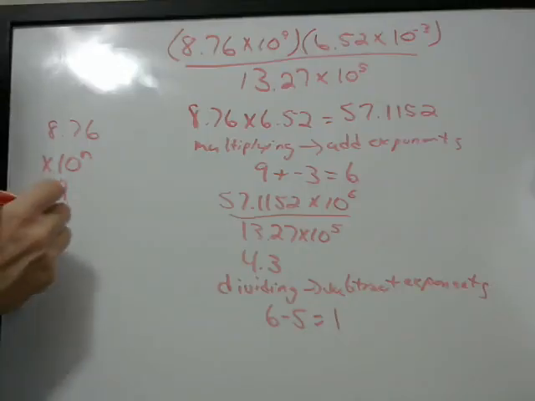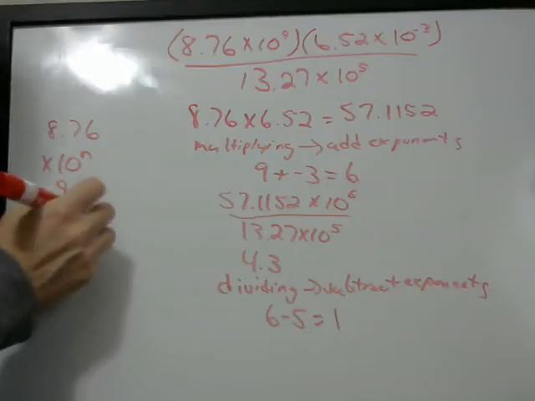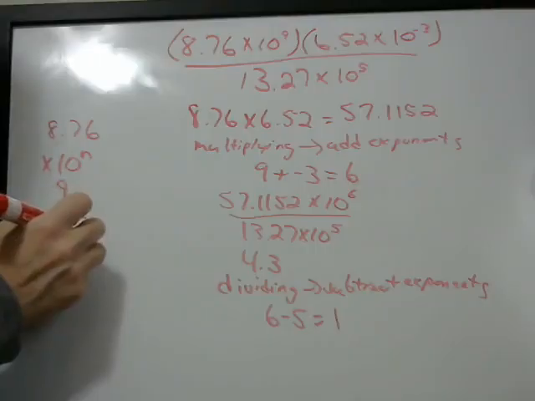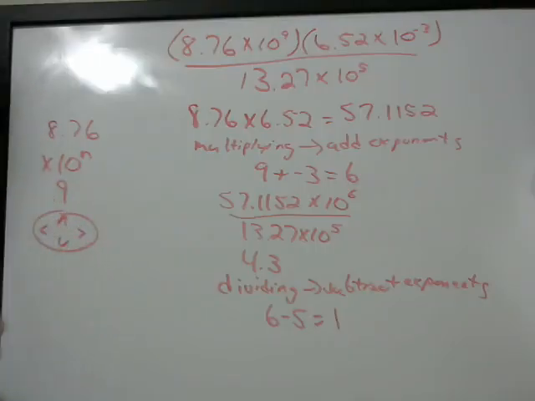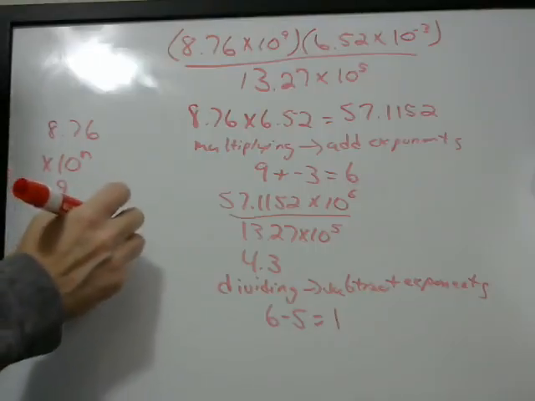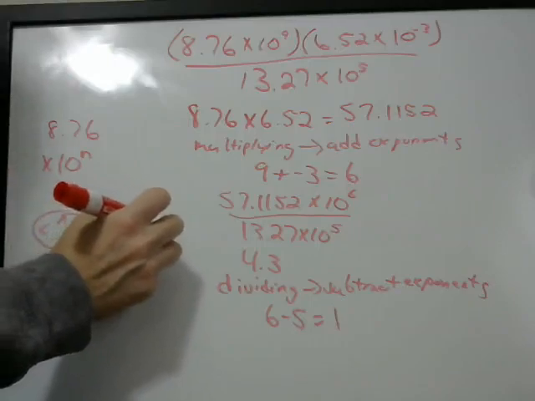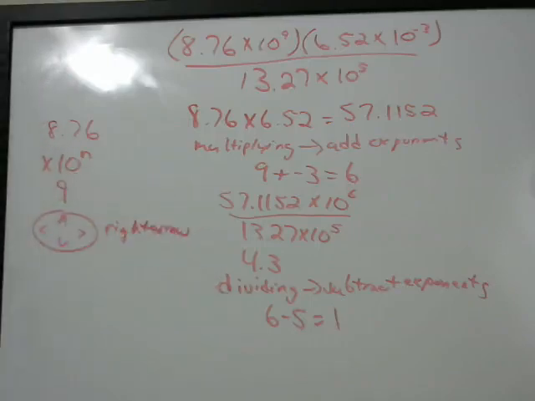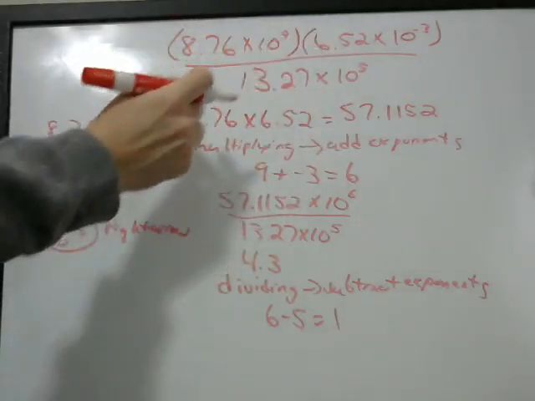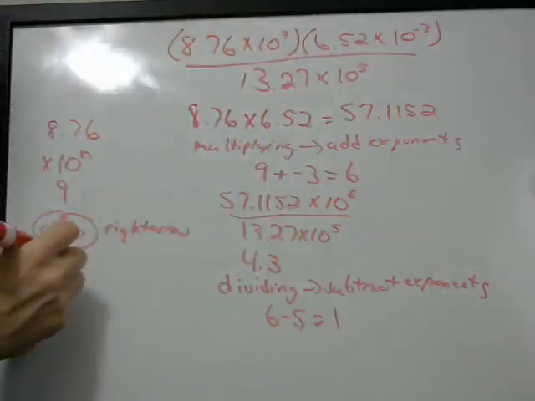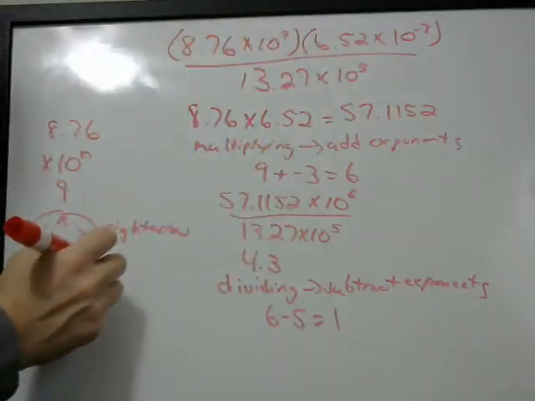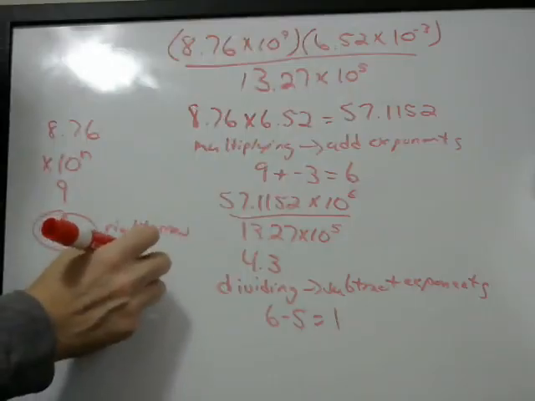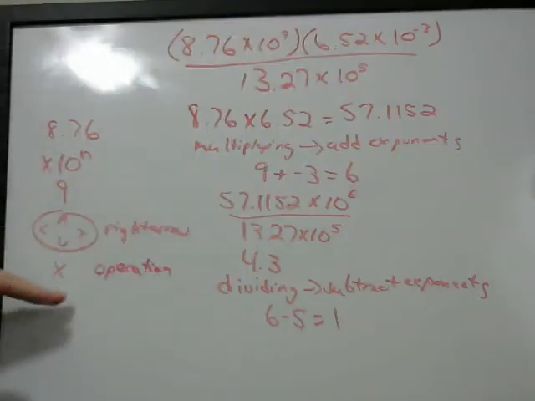Then you're going to hit the right arrow. There's this thing, kind of in an oval, where they have different arrows. You hit the right arrow, and then you hit the operation. Here we're multiplying, so you hit the times button. If you were adding or dividing, you'd hit the appropriate button. If you're adding, you'd hit the plus button.